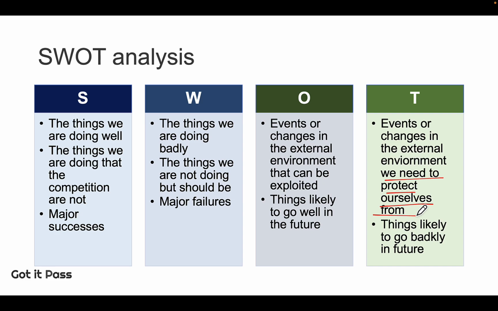The oil industry right now is not welcomed by many governments in the world because it is not good for the environment, and a lot of oil companies are struggling, and they need to find a way to protect themselves from this change in environmental protection and the overall environment. So they have to change their product, or they have to change their focus. They move from the oil industry maybe to other industries that are more environmentally friendly.